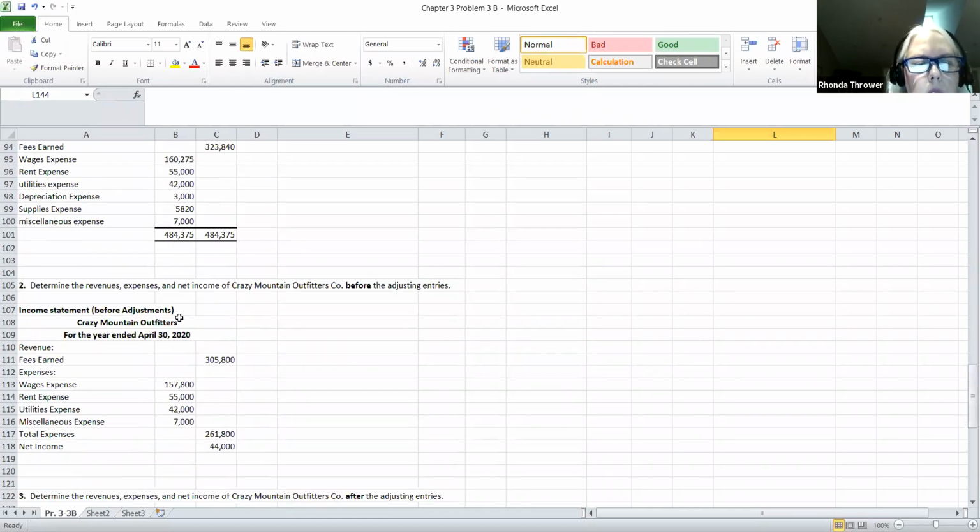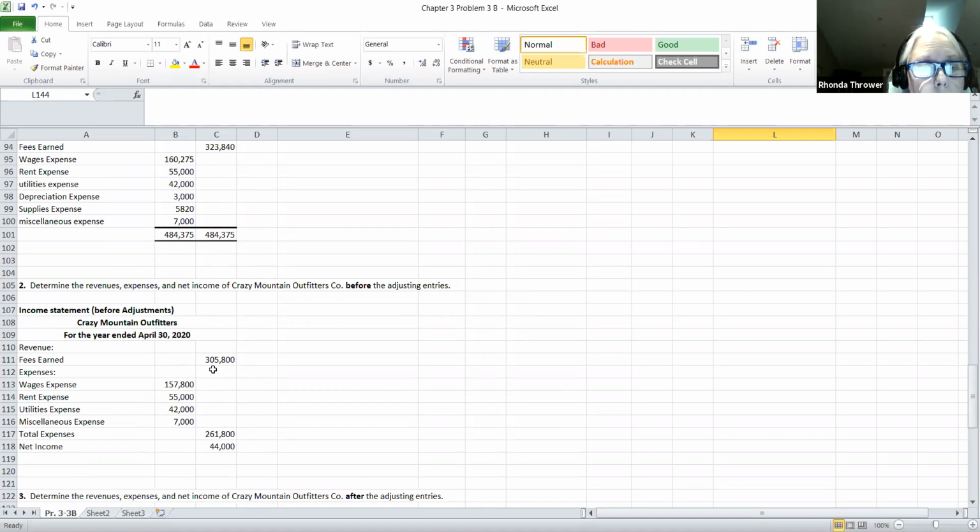Now again, in part 2, they ask you to determine the net income, which is really preparing a financial statement. But you should never, ever prepare an income statement before your adjustments, because it's going to be wrong. Why they ask you to do this, I don't know. But this is how you would prepare it.